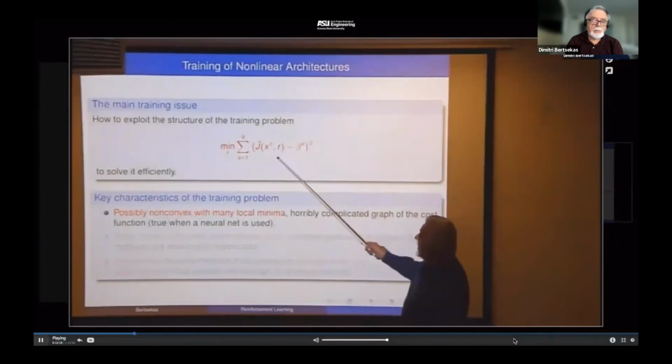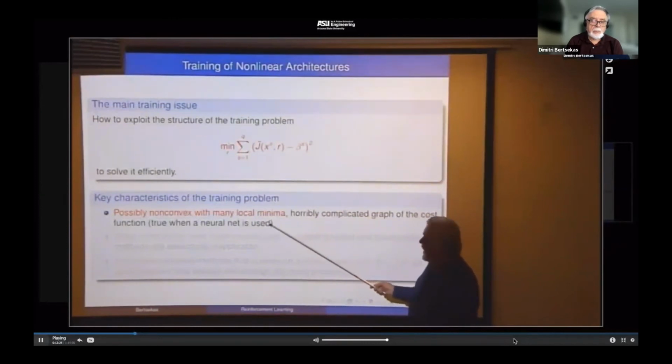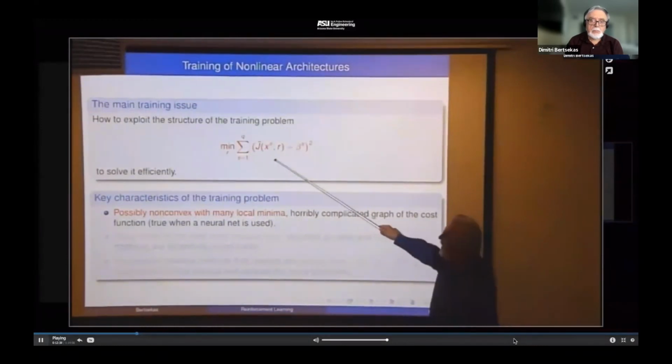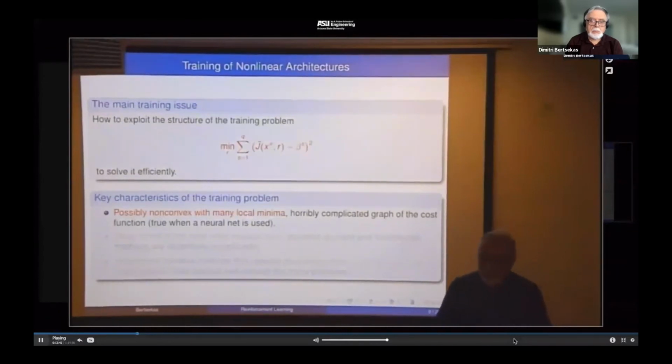Okay, for a nonlinear architecture, this is a non-convex function here with potentially many local minima, and it may be horribly complicated. If you look at it, even for very simple problems, just 2 or 3 weights, plot this expression on your screen, and you'll find that it's really very bad looking.